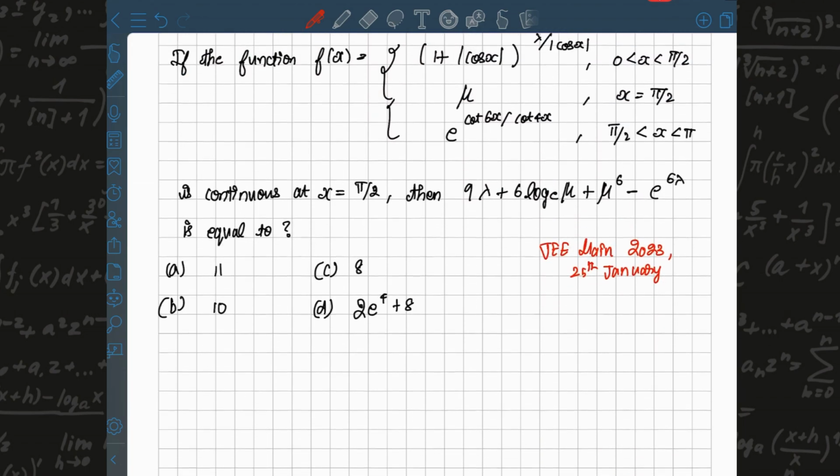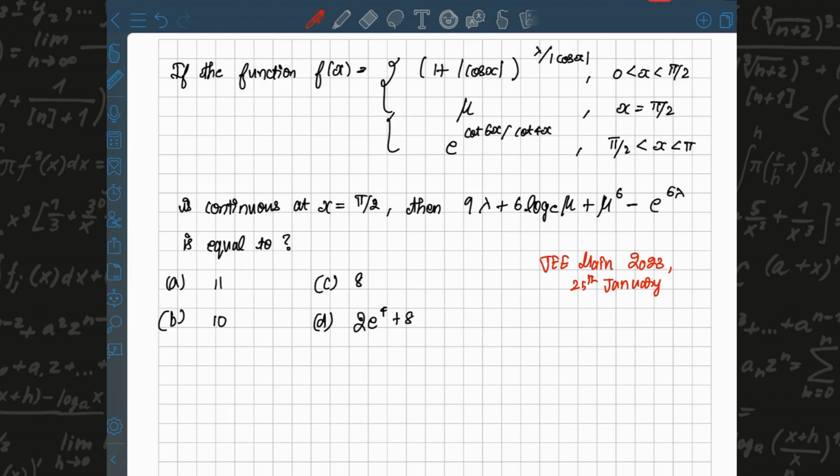Right, now let's go to the next question. This question was asked in 2023. Okay, 2023 JEE Main questions. So if the function f of x equals, okay, let me take the laser pen. When the limit is 0 less than x less than pi by 2, the function is this.